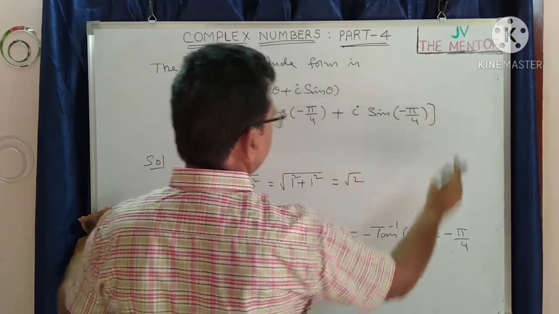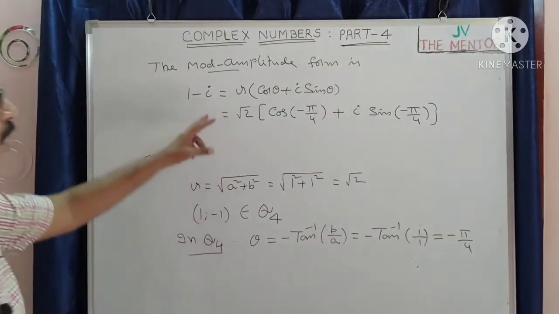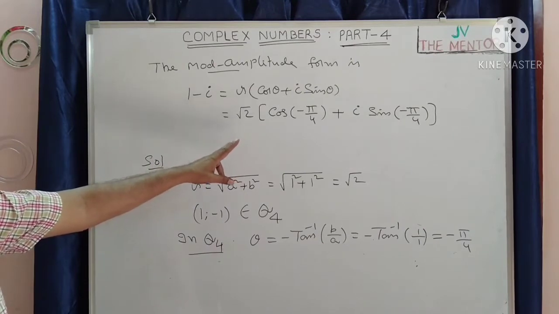This is the modulus amplitude form of the complex number. Okay, write down.